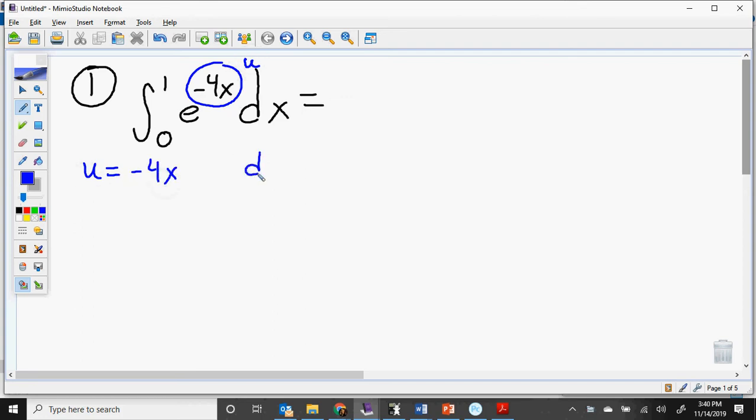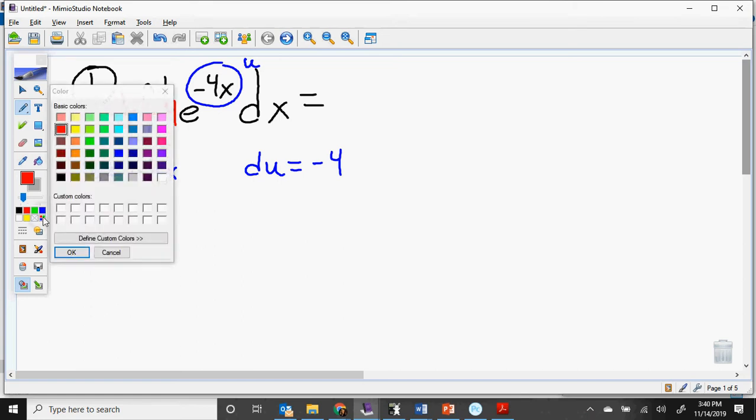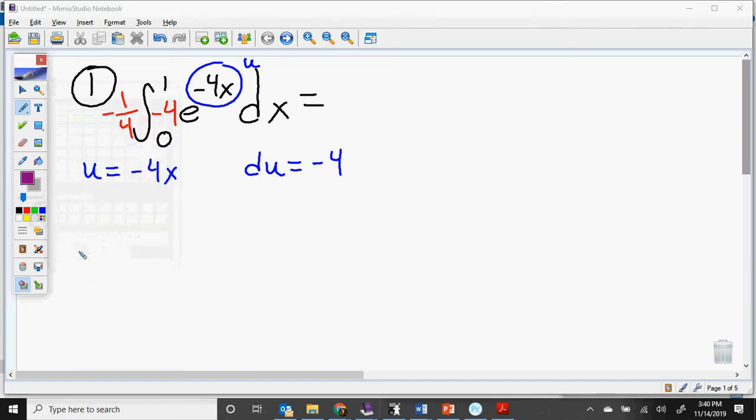So du is negative 4. Okay, well, in that case, I need a negative 4, so I need a negative 1 over 4 out front. And negative 1/4 integral e to the u du. However, I need to make sure I change my interval.